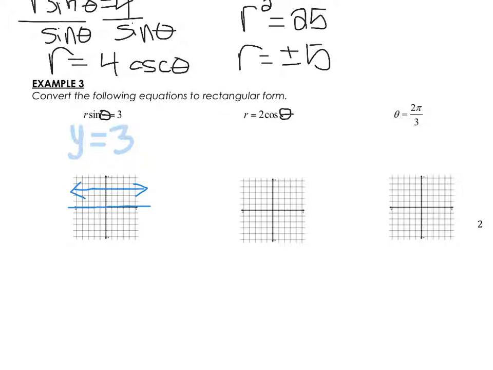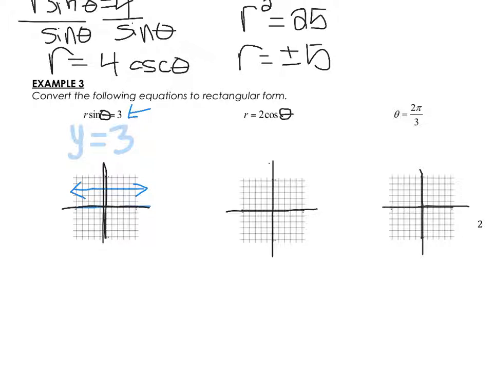So then you're able to take something that is in polar form, this line here, and graph it as if it was in rectangular. Okay, so I'm just going to darken up those axes right there. We'll darken up the x and the y-axis on each of these so that you can see them a little better.